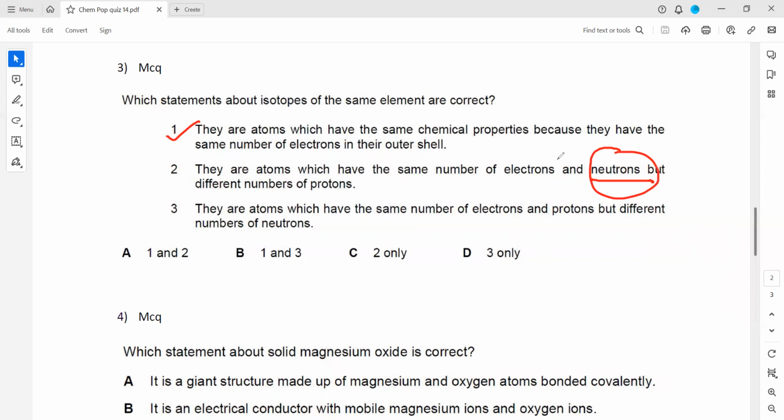That is wrong because they have the same number of electrons and protons, but a different number of neutrons. But here it's written same number of neutrons. So 2 is wrong. The third one, there are atoms which have the same number of electrons and protons, but different number of neutrons. So this statement is also correct. So which statements are correct? Statement 1 and statement 3 are correct. That's why B is the right answer.